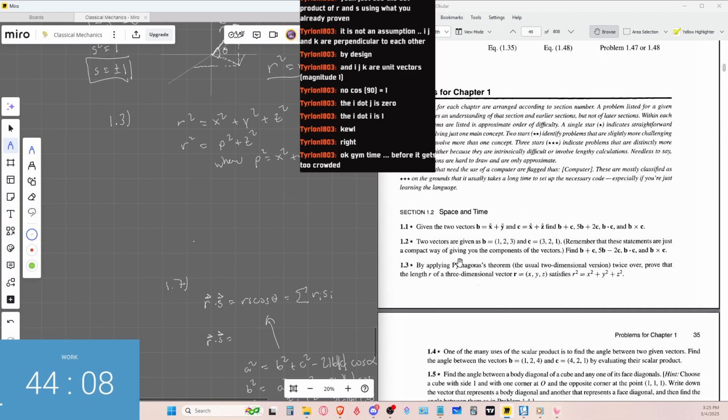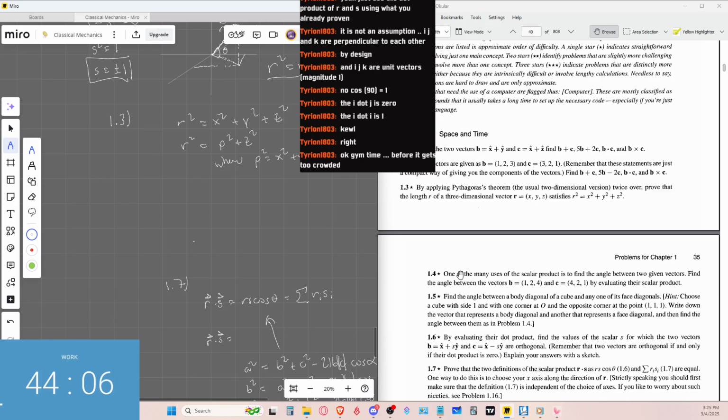I'll scroll back up to it. Because I know Mavor basically said it's just putting rho in place of x plus y. So I'm guessing you're kind of reducing x and y to just one parameter, one component. Is that what they mean by doing the Pythagorean theorem twice over?